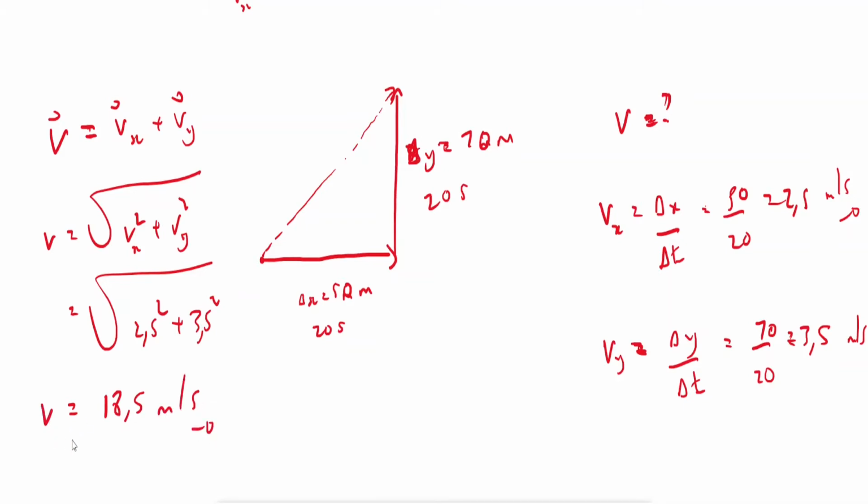Okay, so that's what I get for V. And in terms of direction, tan of theta is whatever's on the y, which is 3.5, over whatever's on the x, which is 2.5. From there I can get theta, which is 54.5, the same as the direction of the displacement vector that I got.